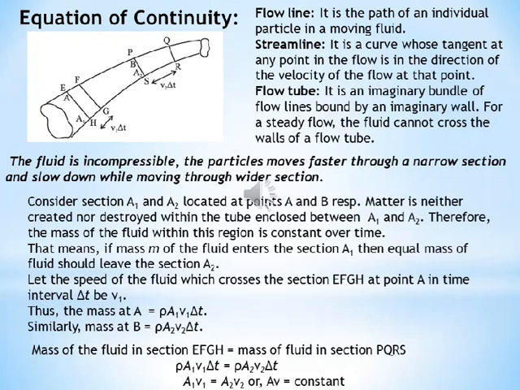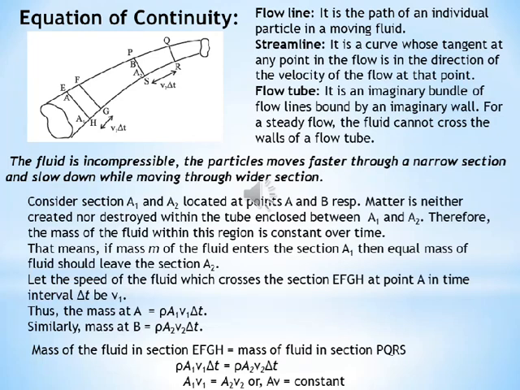How much distance is covered by the fluid from one place to another? At PQRS, with cross section area A2, velocity V2 and time delta t, and at EFGH, with area A1, velocity V1 and time delta t.